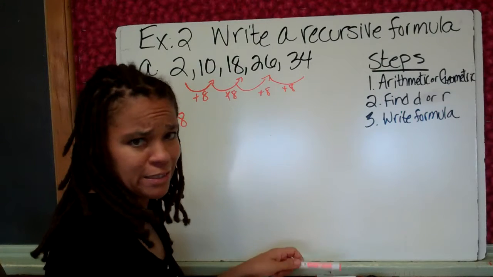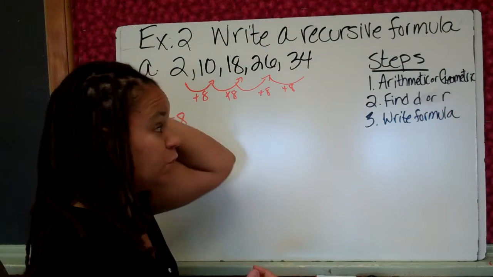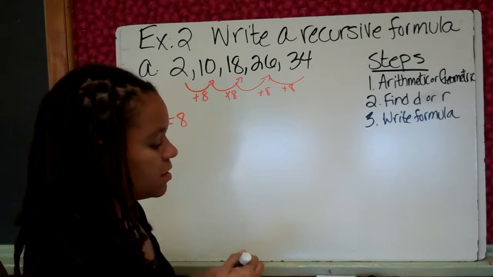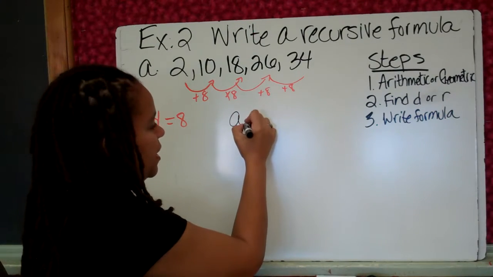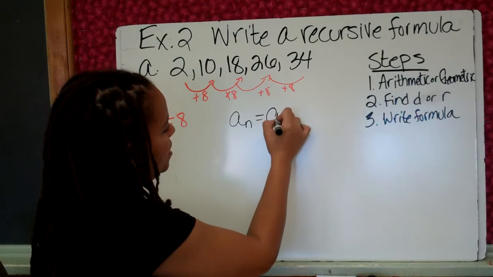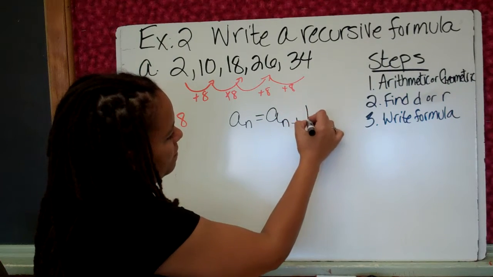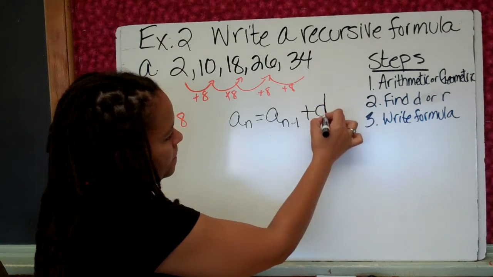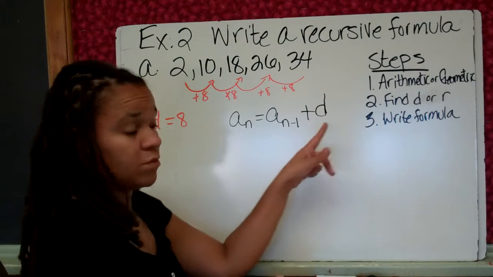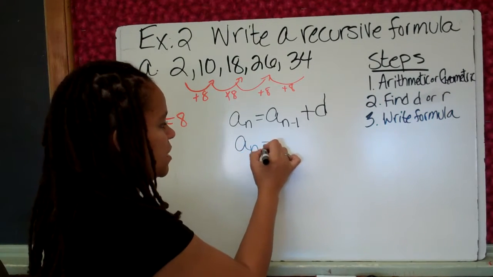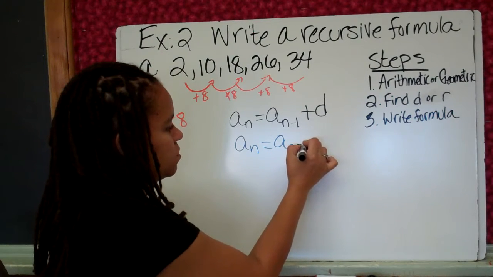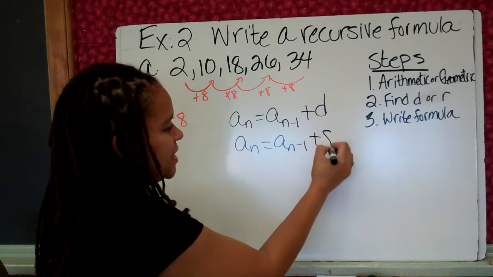Once you know that d is equal to 8, and you know the first term because it's already here, just write the formula. For arithmetic, a sub n is equal to a sub n minus 1 plus d. Since we know d, we write a sub n is equal to a sub n minus 1 plus 8.